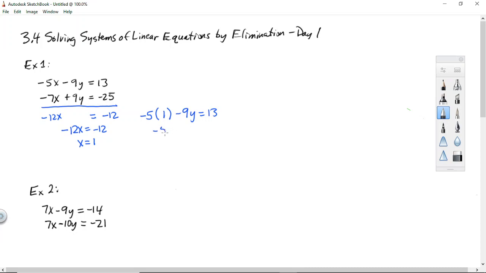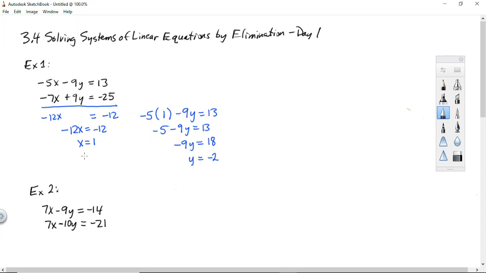That gives us negative 5 minus 9y equals 13. We want to get the negative 9y by itself, so add 5 to both sides. When we add it to the left, of course, it cancels out. When we add 5 to the right, we get 18. Divide both sides now by negative 9. On the left, we get y. And on the right, we get 18 divided by negative 9. That's negative 2. So that's the y coordinate of our ordered pair.